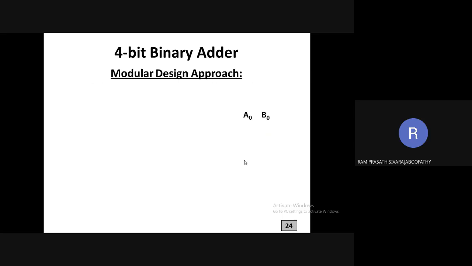To perform this addition, which circuit is enough for me? A half adder. Very good. So we have 2 inputs A0, B0. We have 2 outputs, sum S0 and carry. As it is used as the ripple value for the next circuit, we name it C1. A0, B0 added give sum S0, and the carry we mention as C1. Fine.